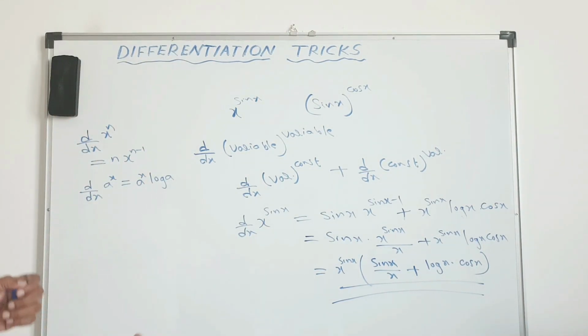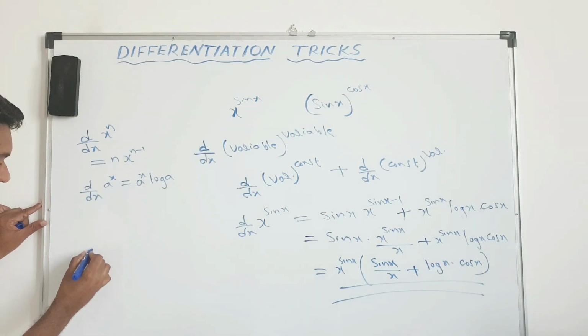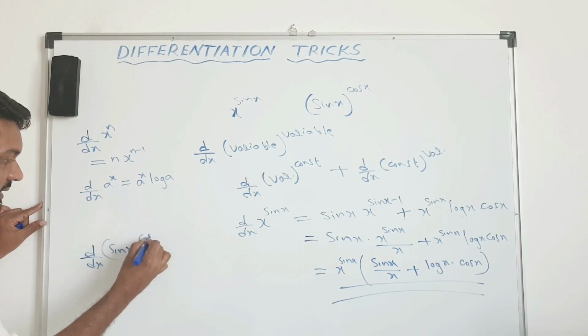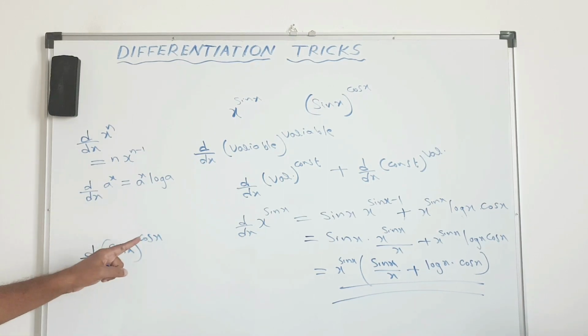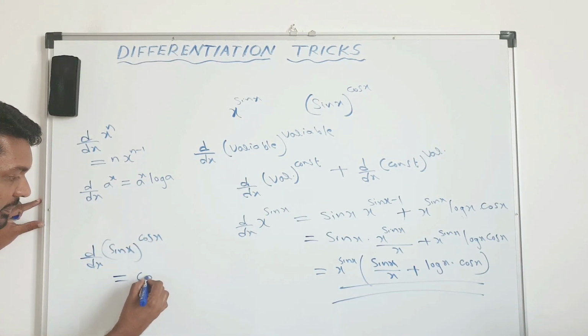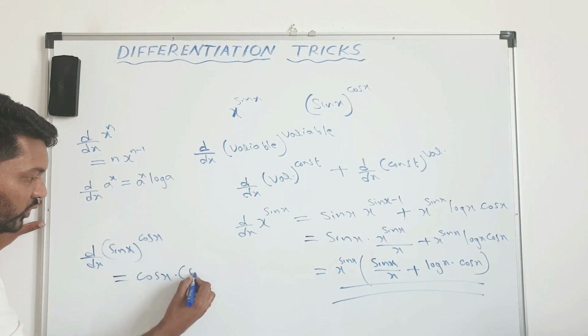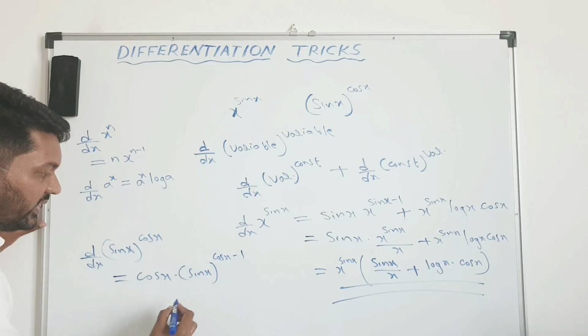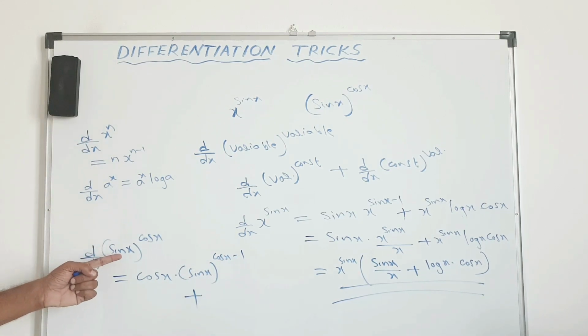Now we will take the next question the same way: sin x to the power cos x. d by dx of sin x to the power cos x. I am considering the power as constant and the base as variable. So it became the x to the power n formula, n x to the power n minus 1. So cos x into sin x raised to cos x minus 1 plus, now consider the base as constant and the power as variable.